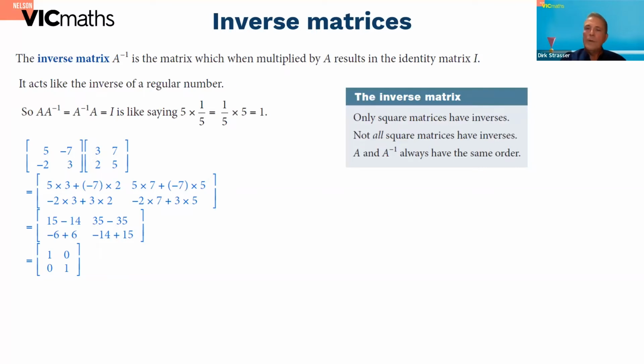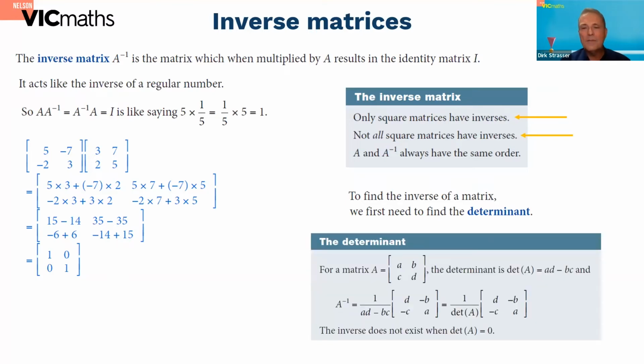When it comes to inverse matrices, only square matrices have inverses, but slightly confusingly, not all square matrices have inverses. So only a certain number of square matrices have inverses. It really doesn't apply to all matrices. To find an inverse of a matrix, we first need to find the determinant. That gives you the formula for it.